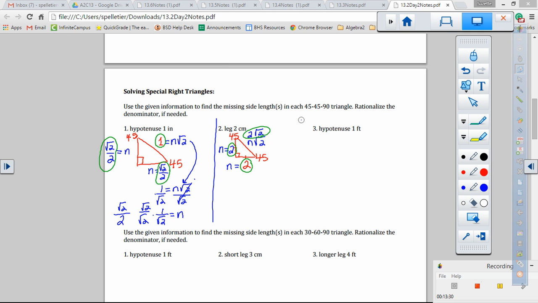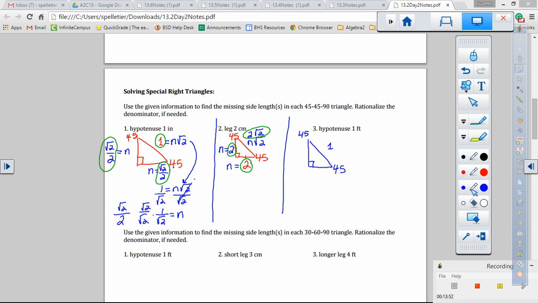Let's look at the third one. Hypotenuse is 1. Okay, so 45, 45, 90, hypotenuse is 1. Notice anything similar, right? So we already did this one in example 1. We did it with 1 inch, and now it's 1 foot.